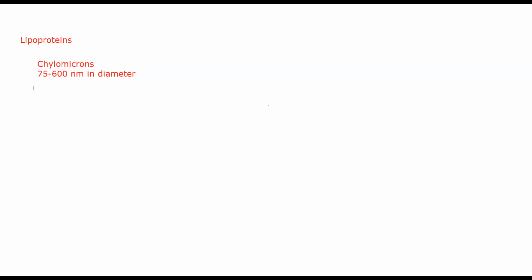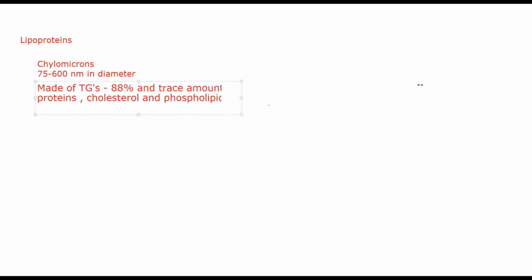Just write that point down here: triglycerides 88%, and trace amounts of proteins, cholesterol and phospholipids. These will be the largest amongst your lipoproteins.